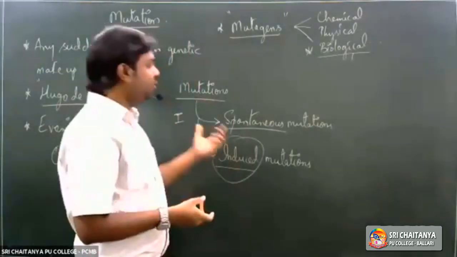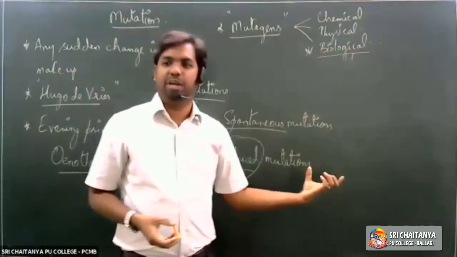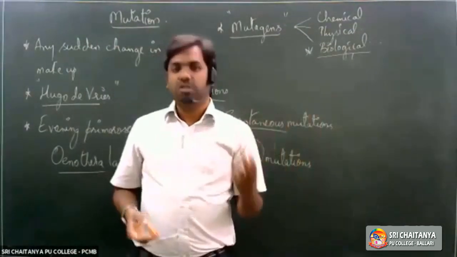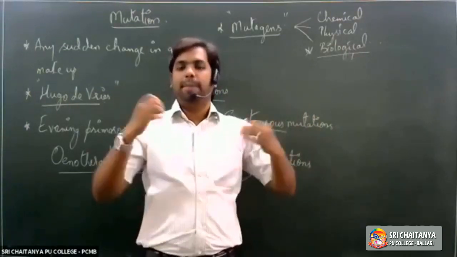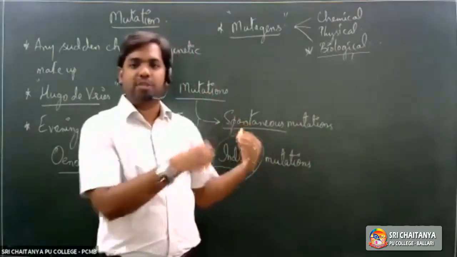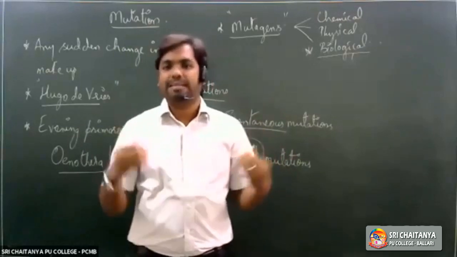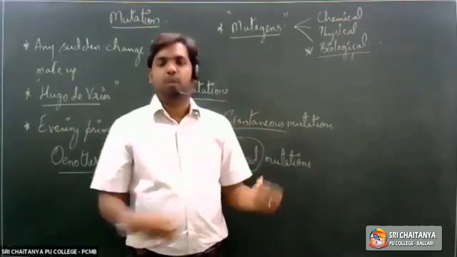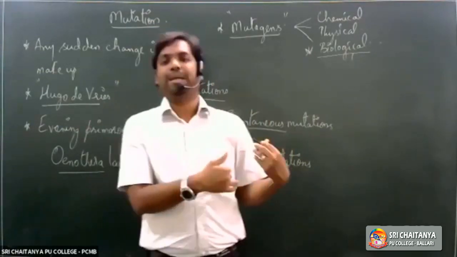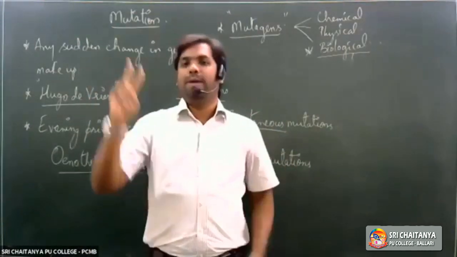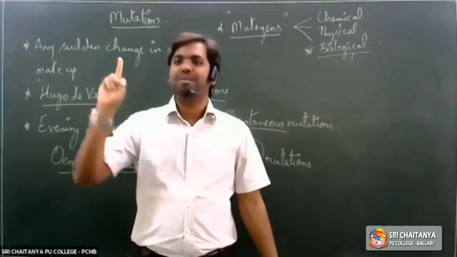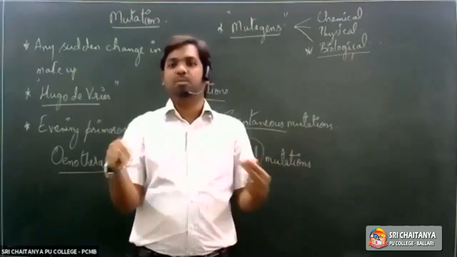The first category was based on the origin of mutation. The second category we are going to see is the major classification, which is based on where exactly mutations are happening. Based on that, we broadly classify mutations into two categories. One we call chromosomal mutation, the second we call gene mutation.